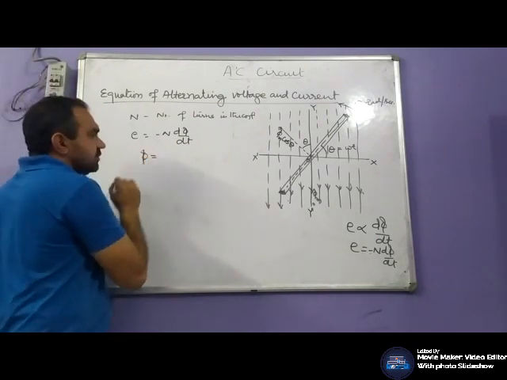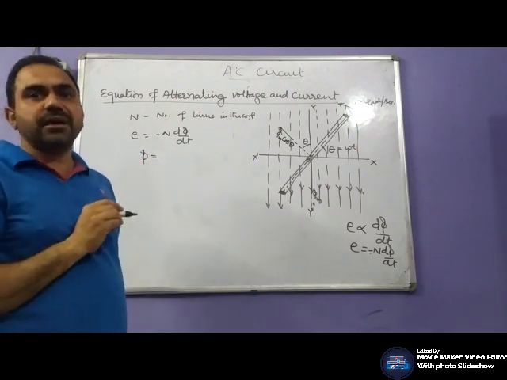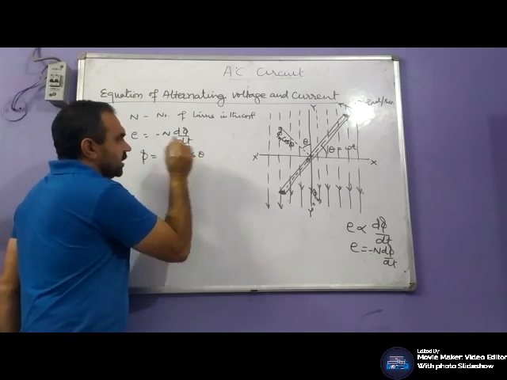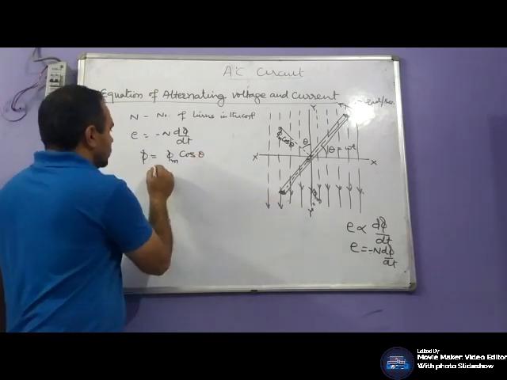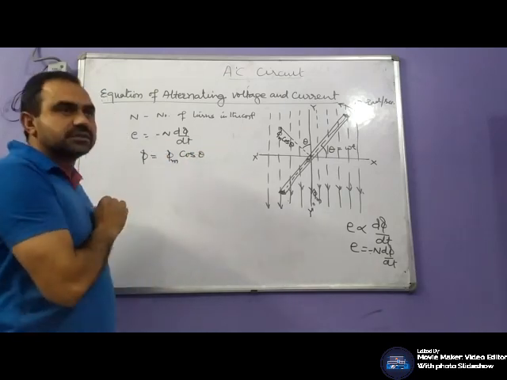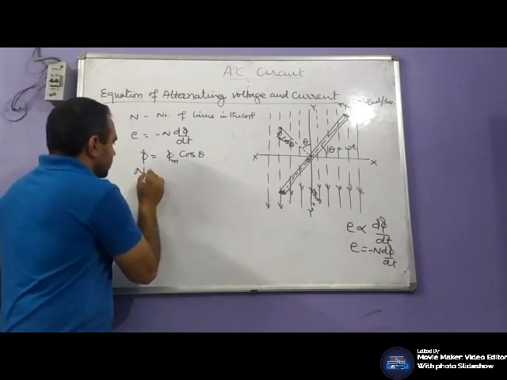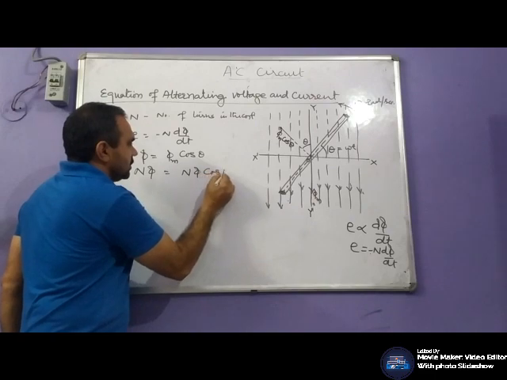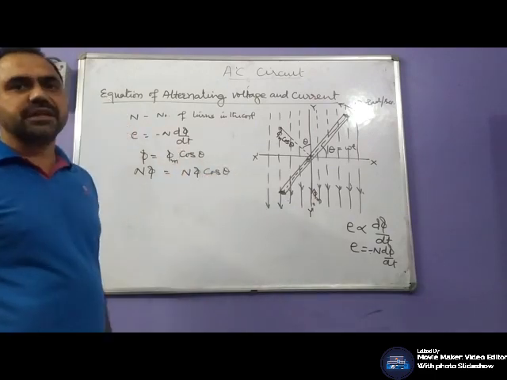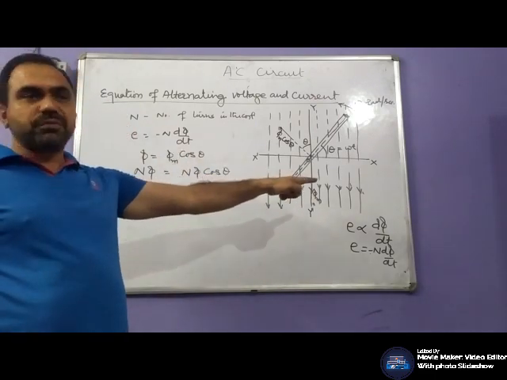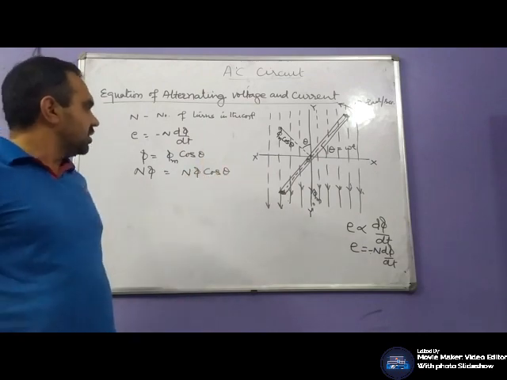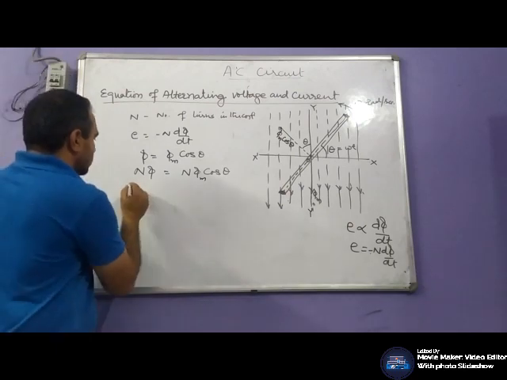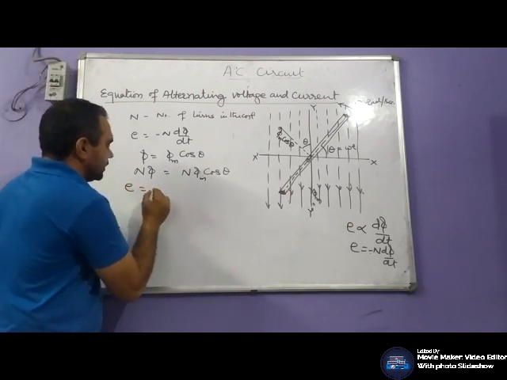Here the flux which is responsible for inducing the EMF is phi m cos of theta. The flux linkage responsible for inducing EMF may be represented as n phi m cos of theta, where n is the number of turns. Now, what would be the induced EMF?